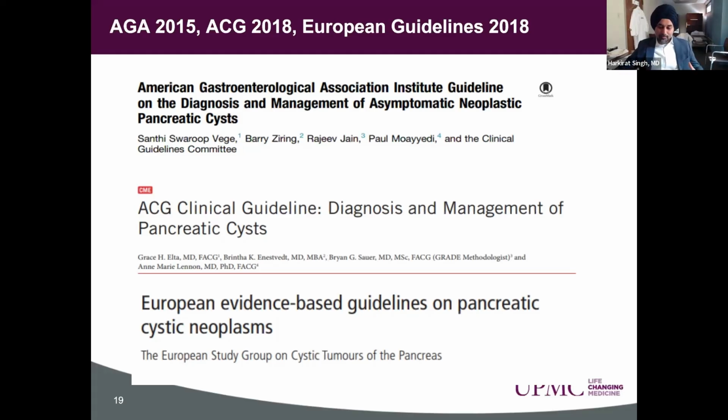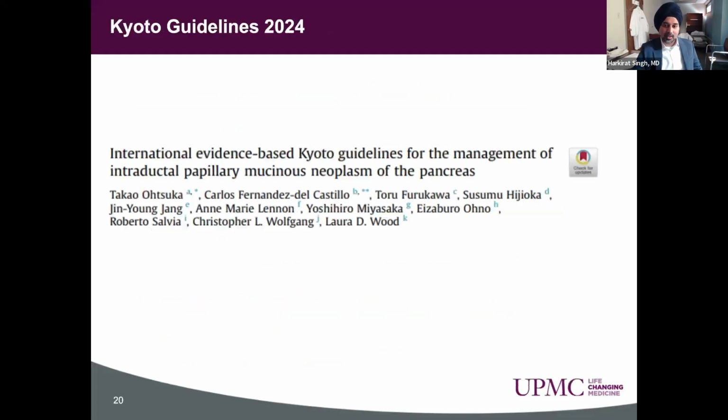The overall message that the guidelines send is kind of similar with a little bit of variation, and we don't follow exactly one guideline, even though the whole thing that we do is based on guidelines. It can be very confusing. So I'm going to present the management strategy for IPMNs based on the Kyoto 2024 guideline, which is the most comprehensive.